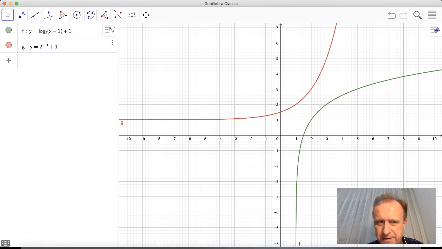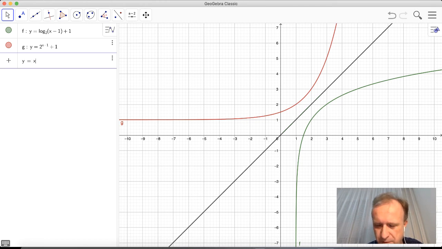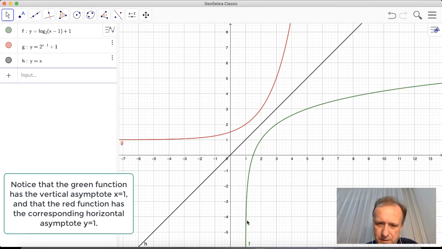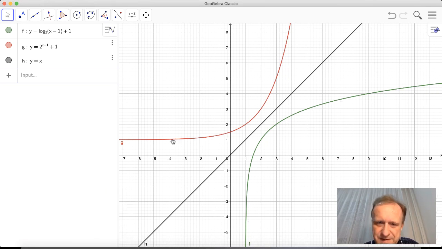Okay, and the third thing that I include is y equals x, which is the diagonal of the first and third quadrant. Now you can see yourself that this original function of ours, the logarithmic function, and its inverse are related in such a way that they are each other's reflection in this line. So this is one way how to do it.